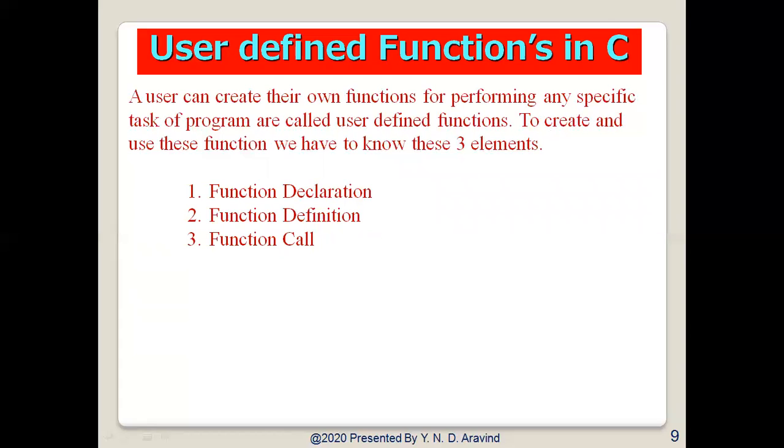The main function invokes other functions within it, and printf, scanf, and square root are invoked by the main function. So main is the calling function, and the remaining are known as called functions.